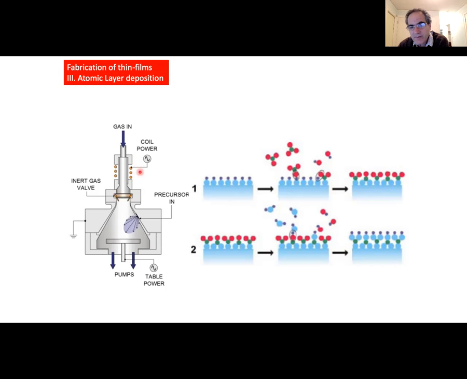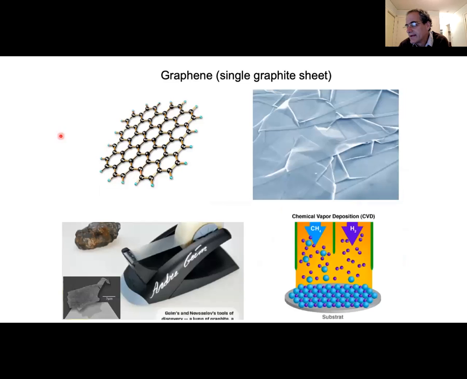Finally, I want to mention one more. Okay. A very high quality two-dimensional material called graphene was produced in the following way. So graphene is made by cleaving crystals of graphite. And you may remember in crystals of graphite, we have these kind of honeycomb layers of carbon atoms that are covalently bonded to each other in sheets.